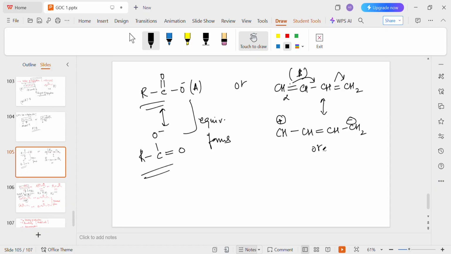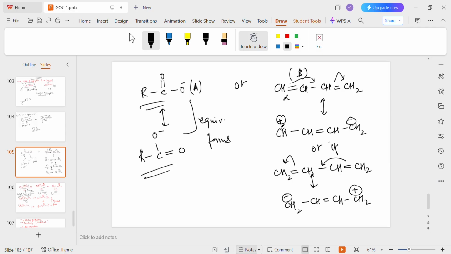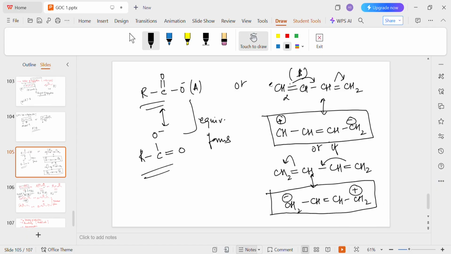Or we can simultaneously draw another contributor by moving the pi electron density towards the left, because here we do not have any electronegative element, so we can move the electron density anywhere. So then in that case we have the negative charge on the first carbon and positive on the fourth. So these two are the resonance contributors along with the neutral structure, uncharged structure.